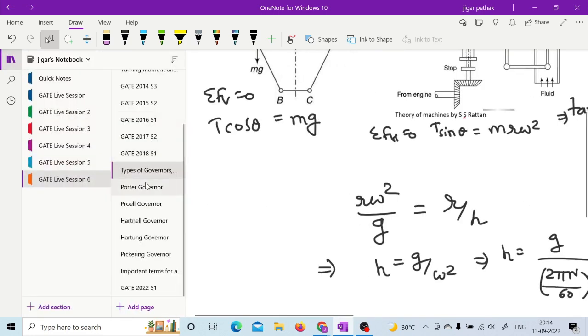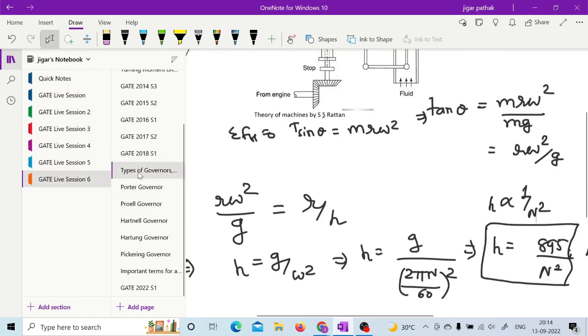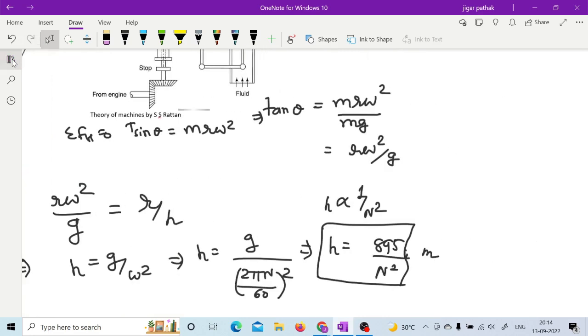If you go for the Porter governor, because see what happens is, in this particular equation h is equal to 895 upon n square, if you plot the graph at higher speed, there is very little variation in height. As the speed increases, the displacement of the sleeve or the difference in height is negligible.